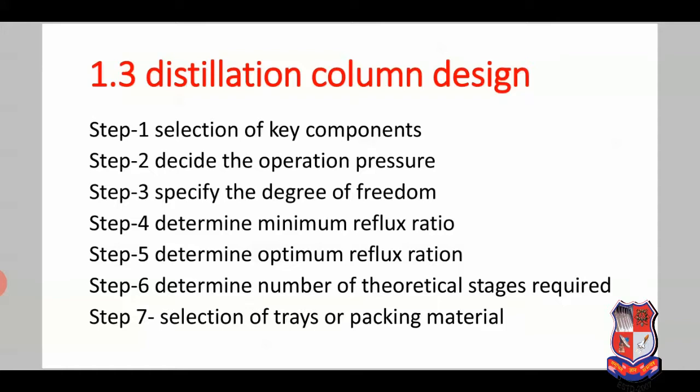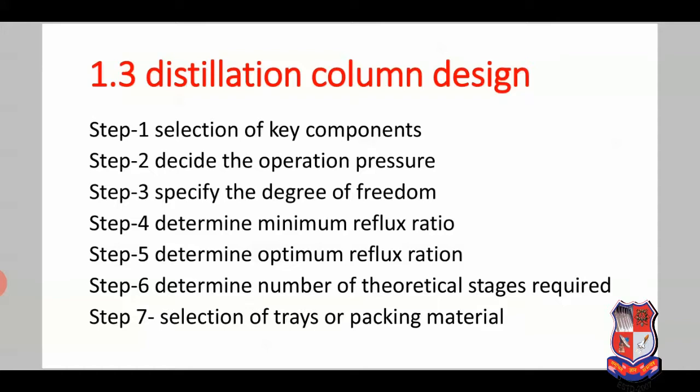Are you getting my point? You need an infinite number of trays in case of minimum reflux ratio, which is not possible. So step 5 comes, which tells us to determine the optimum reflux ratio. So what is the optimum reflux ratio? At the optimum reflux ratio, you will get the minimum total cost of the distillation column.